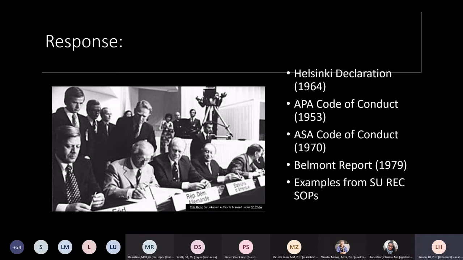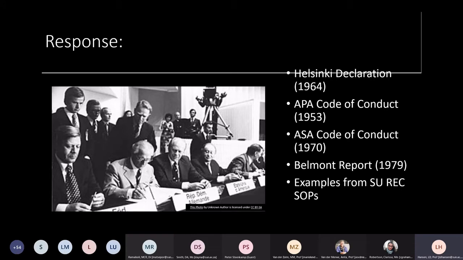So with regards to respect for persons, individual mental capacity and voluntariness were emphasized. And these had then implications for informed consent, for privacy, and the provision for discontinuation of a study, also by the participant.